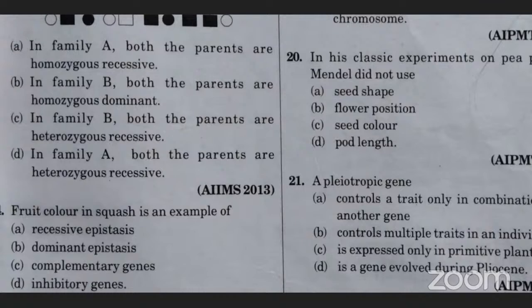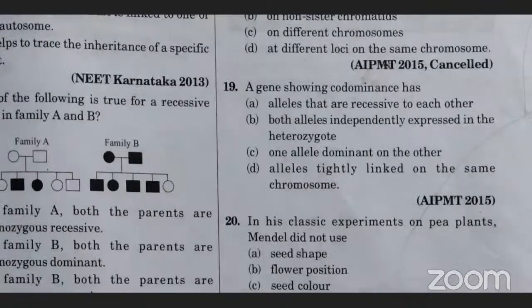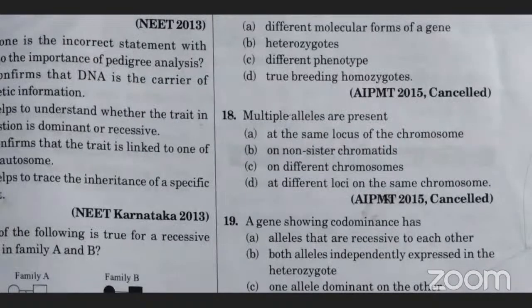So the last few questions. Alleles are different molecular forms, true breeding, homozygotes. Which one is correct?